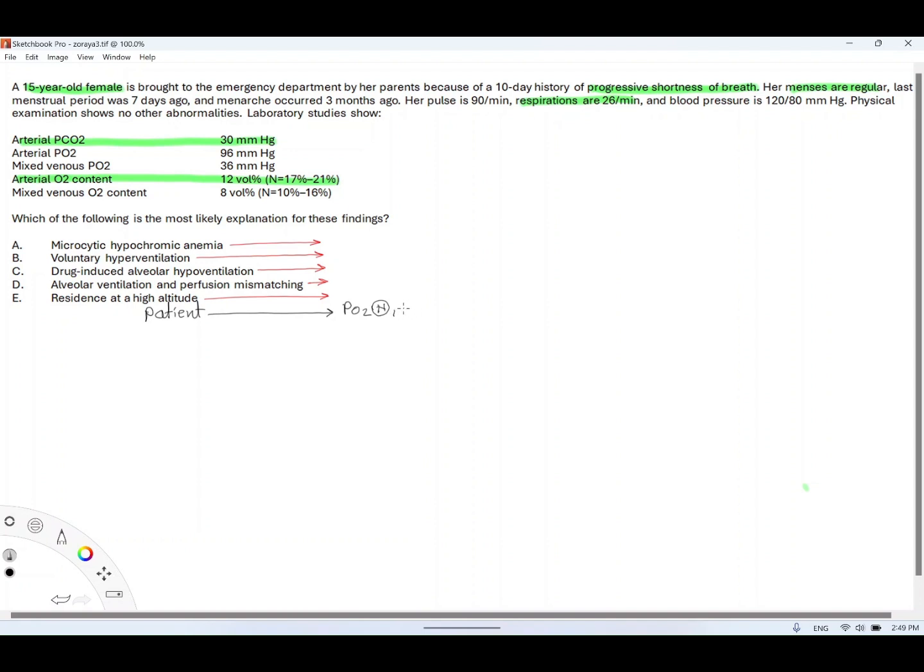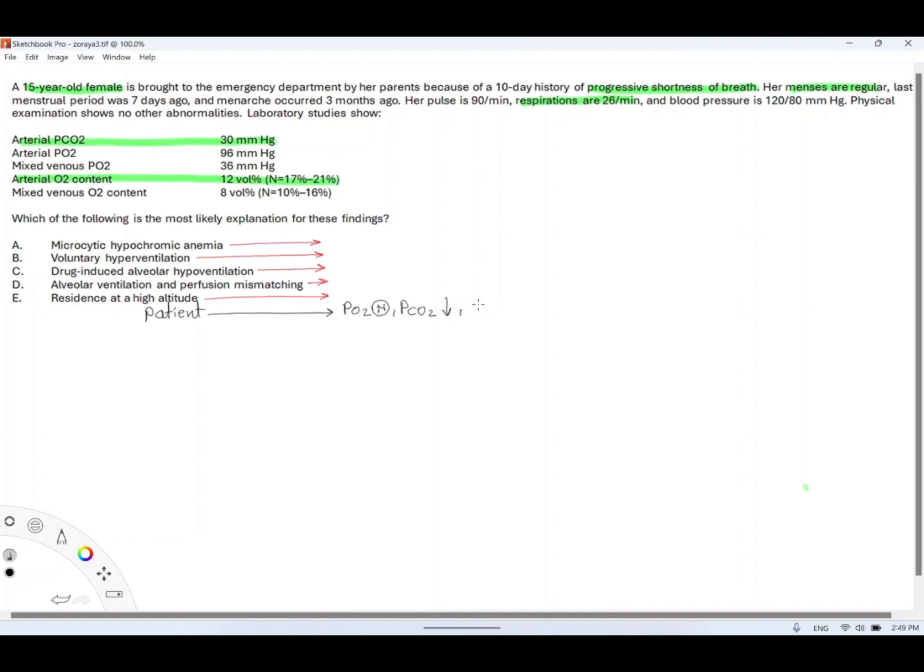In our patient, the partial pressure of carbon dioxide is low. 30 is low; normally it should be between 35 and 45. Arterial carbon dioxide; venous is much higher. Okay, and that's two.